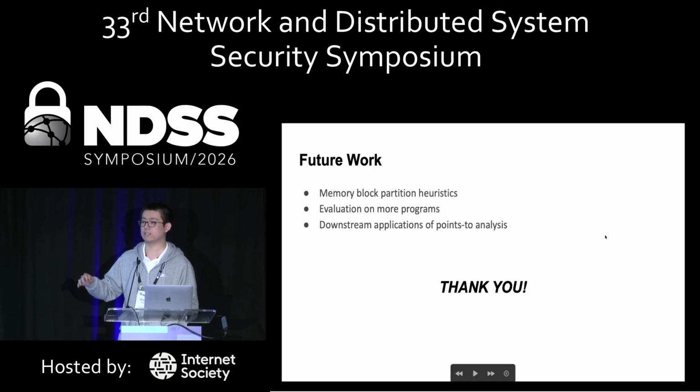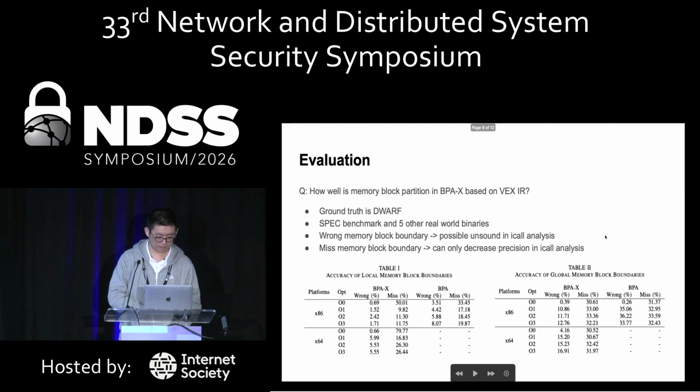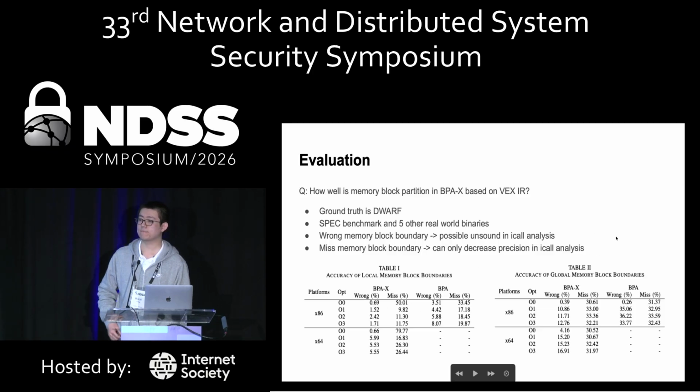So we might miss some memory blocks that are caused by the push and pop. That's why for O0, without any abstraction, our heuristics are more conservative, and we can miss some memory blocks. So that's why we have a higher miss rate for O0. Yeah. Does that answer the question?